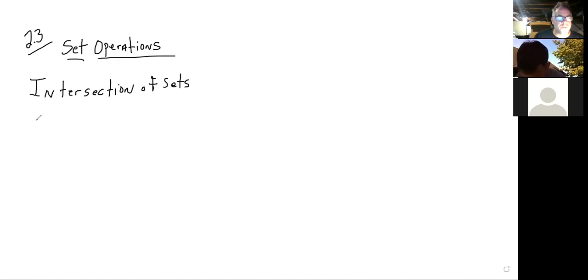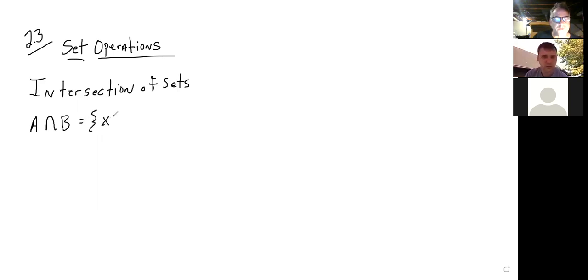All right, so I'm gonna put this in set notation. We have sets A and B. We're going to note this operation by a capital upside down U, and this is read A intersect B. So what comprises A intersect B?